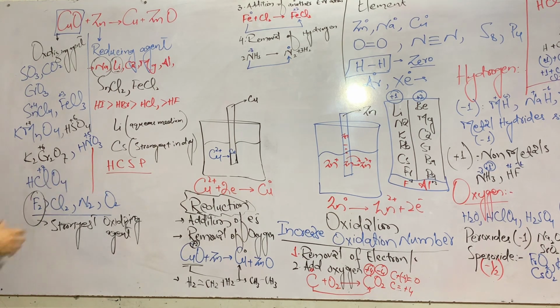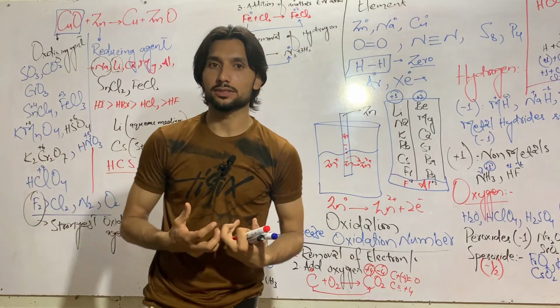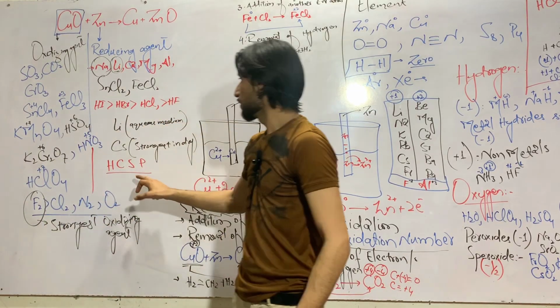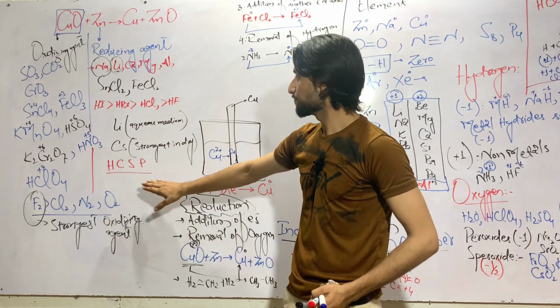Though they are non-metals, we might put them in the oxidizing category because they are electronegative and can eat up electrons. But these four are reducing agents.